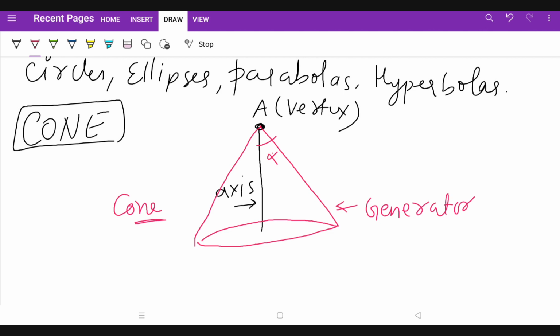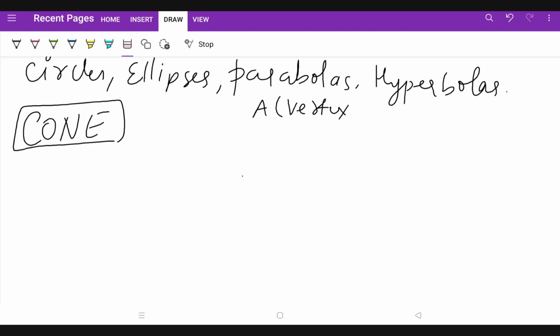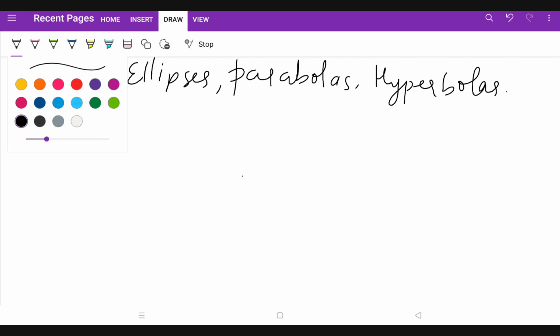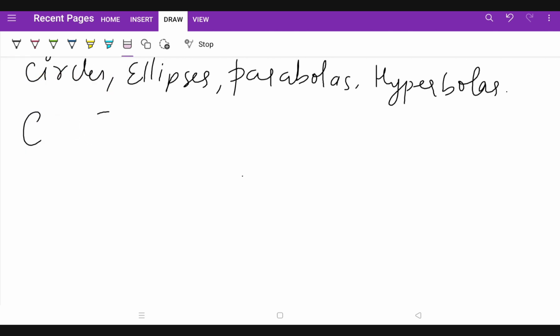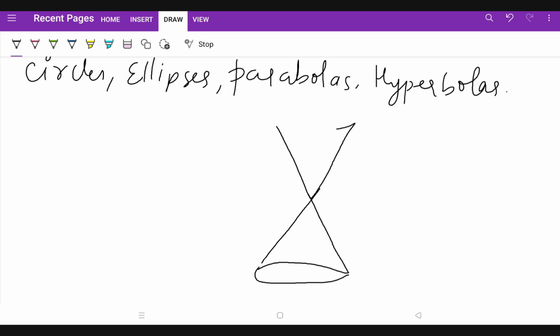Now we know conic sections, we know cone. Now let's see how these are developed from a cone. Consider a cone. We have to take two right circular cones like this, and a plane.